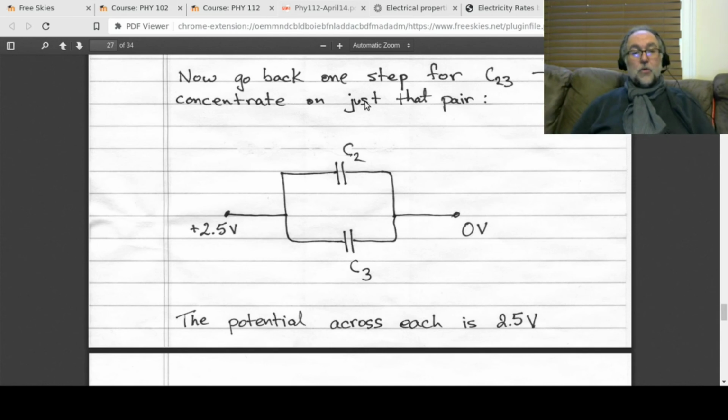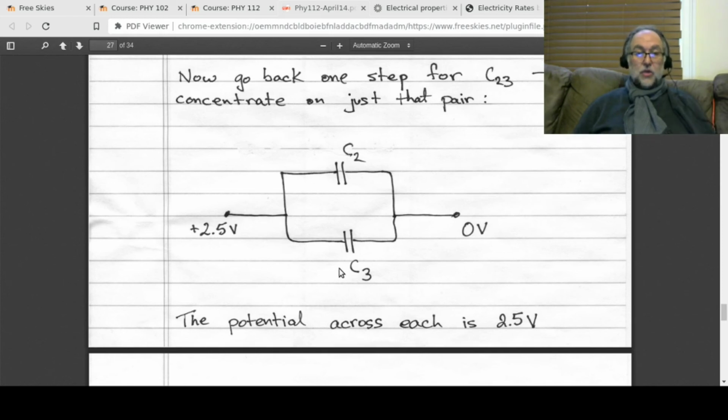So the potential drop across C2 is 2.5, and across C3 is 2.5. When you're in parallel, the potential drops are the same across both components.